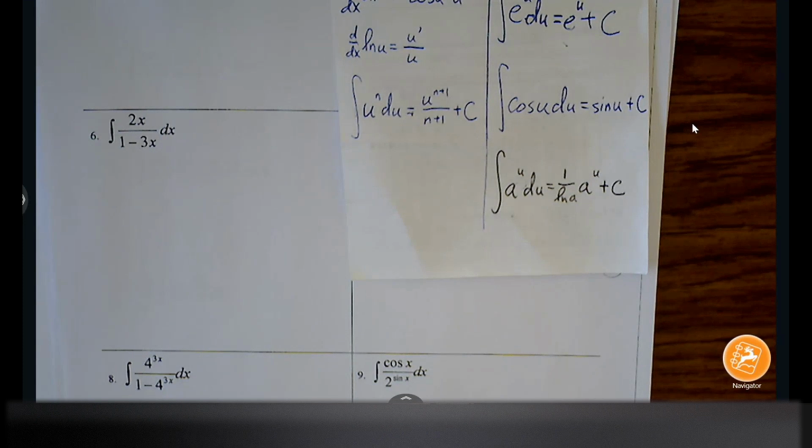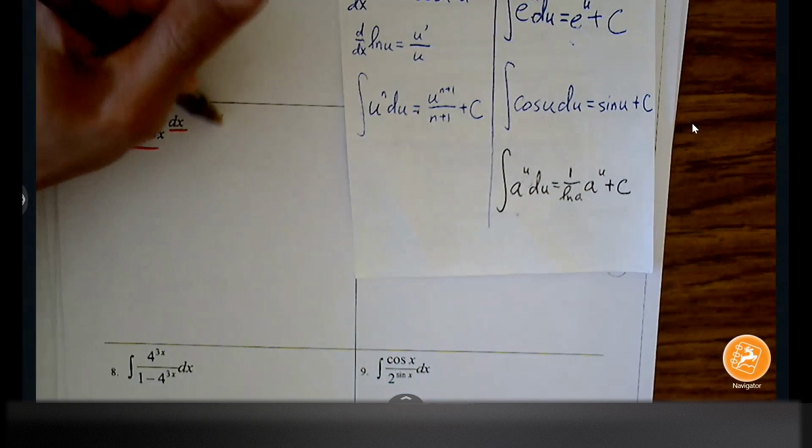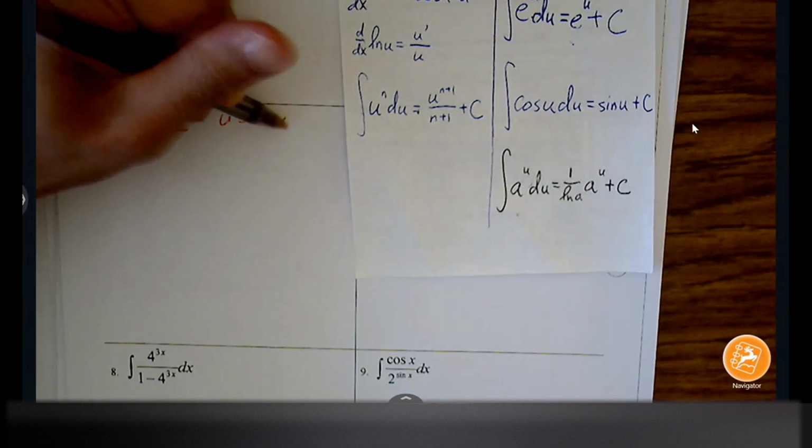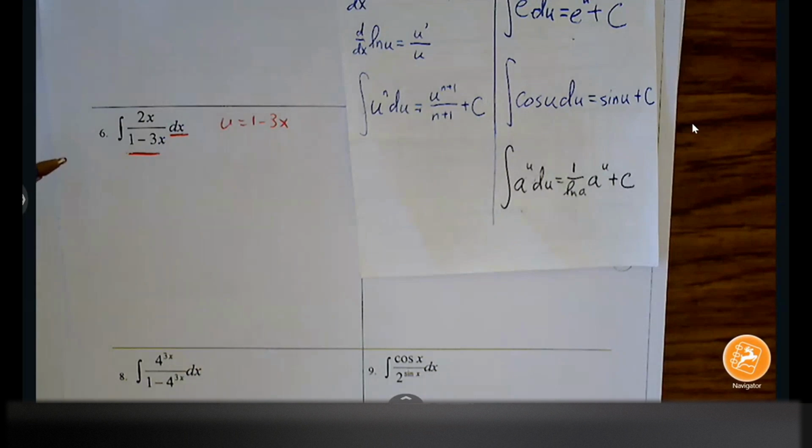No, you have to do u-substitution. Yeah, what could be our u value? 1 minus 3x. Yeah. And do you foresee a potential issue down the road with this process? This is right, but not being able to cancel out the x. Right, so you've got to solve for x.